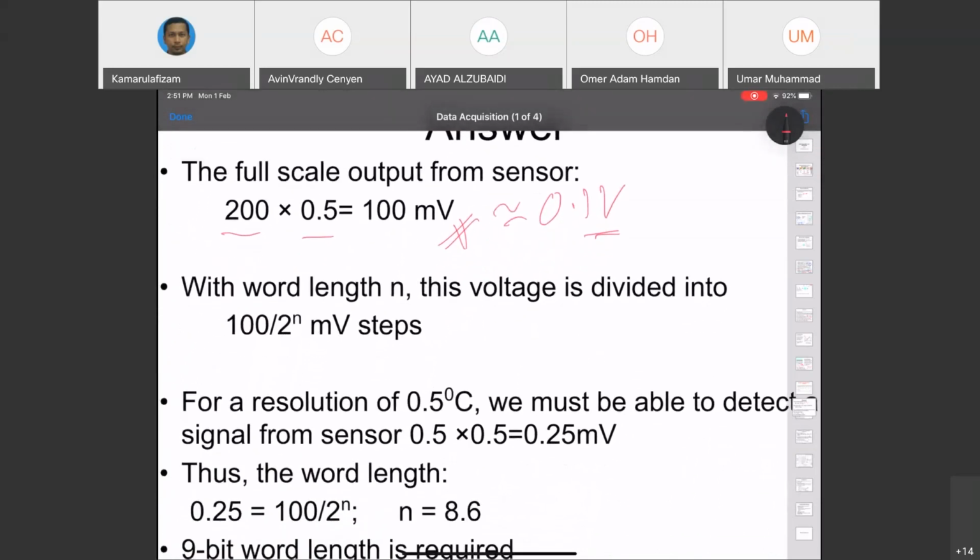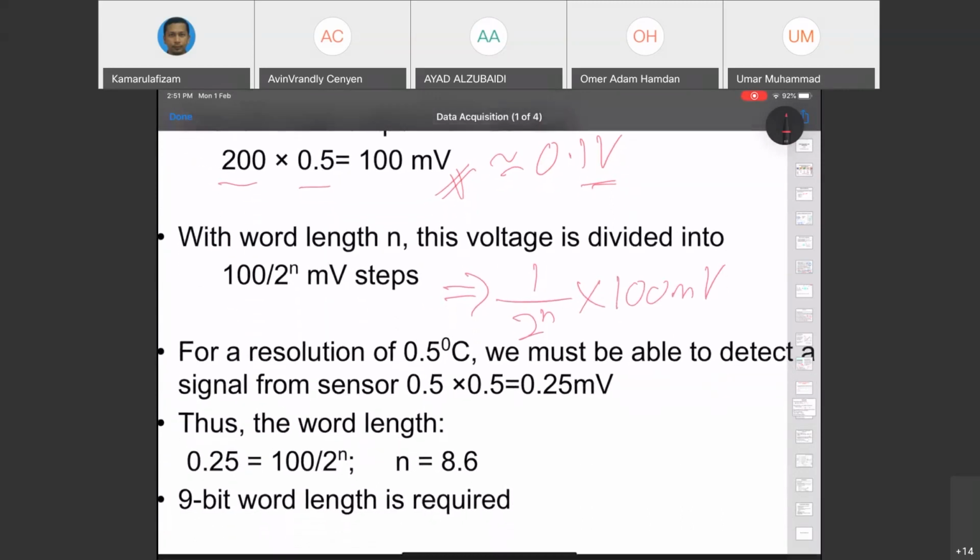This one would be more or less 1 over 2 to the power of n multiplied by 100 millivolt here, something like that.